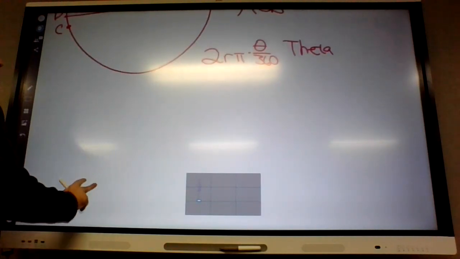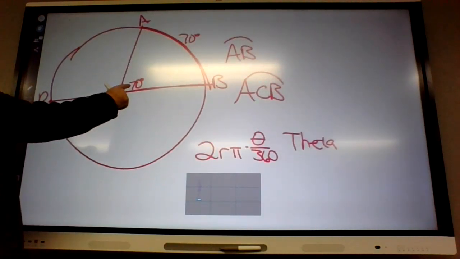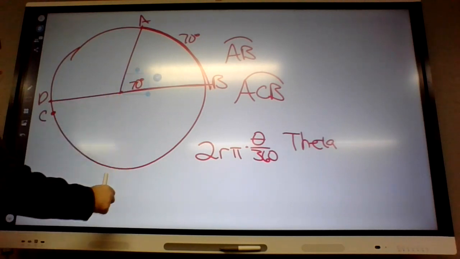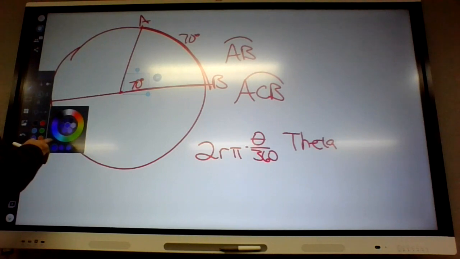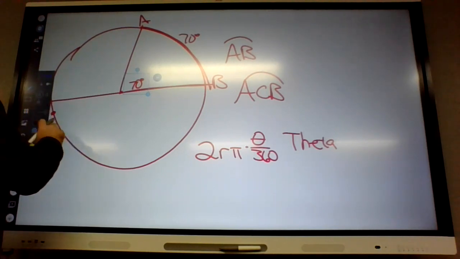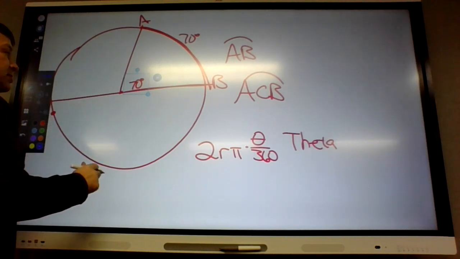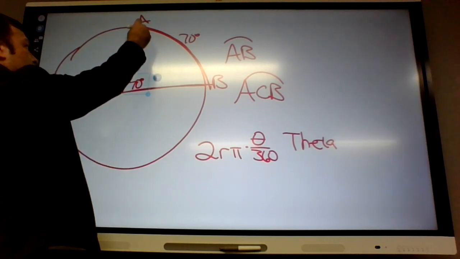Okay. So that 70 degrees is called a central angle, by the way. All right. Today we are not doing central angles, well, not very much. We are doing inscribed angles.